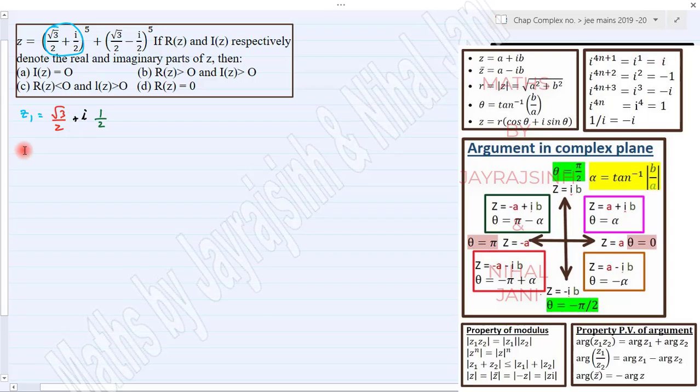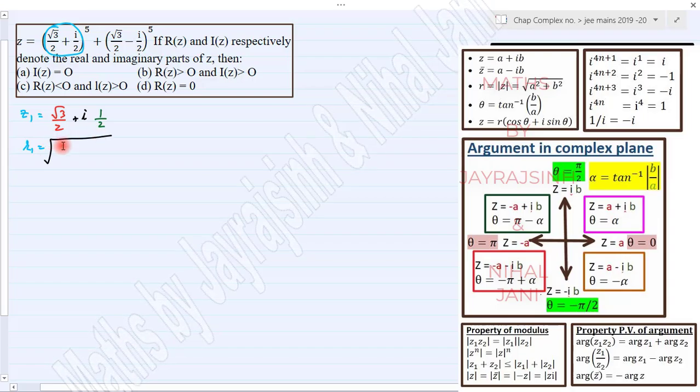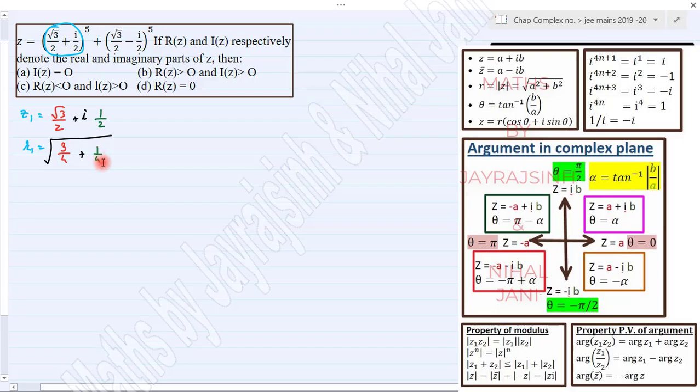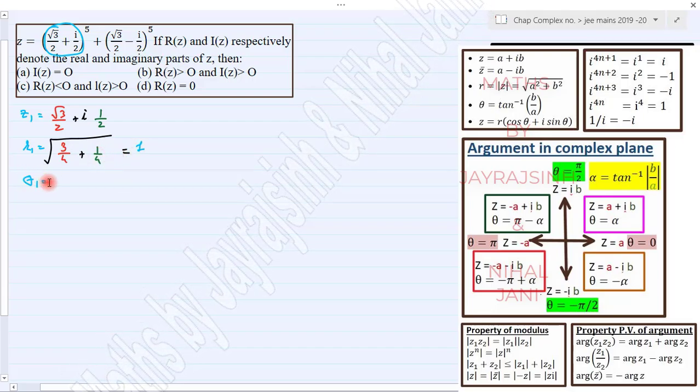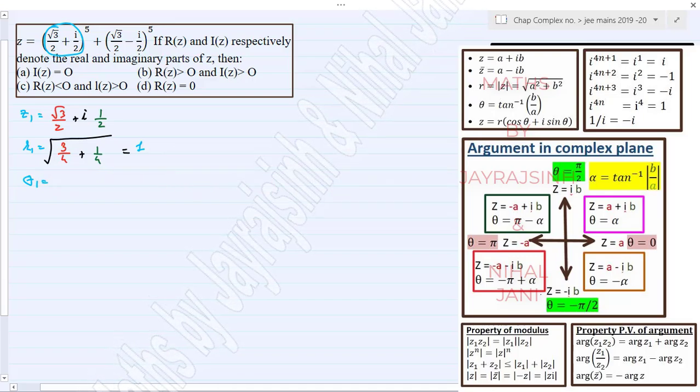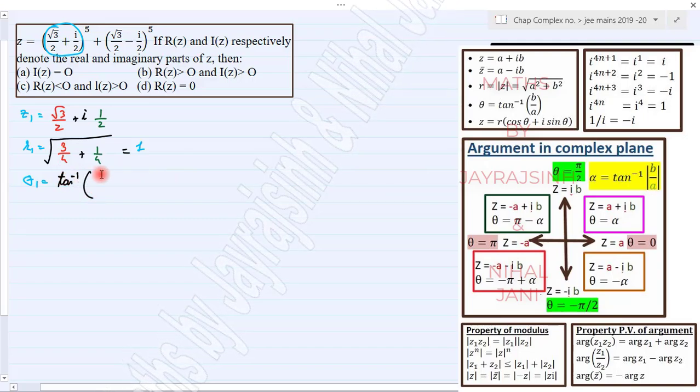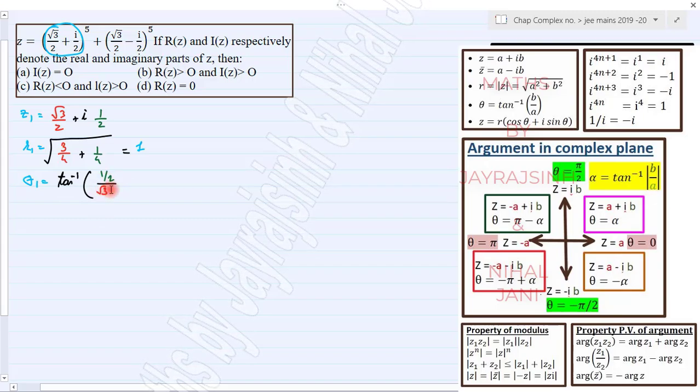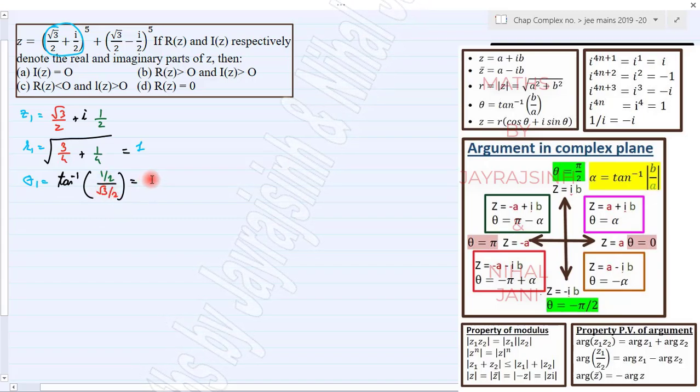For that, we need its modulus, which is the square root of real part square plus imaginary part square, that is 1, and its argument. Your real part as well as imaginary part is in the first quadrant, so we just have to find tan inverse of b by a, or we can say 1 by 2 upon root 3 by 2, which will be pi by 6.